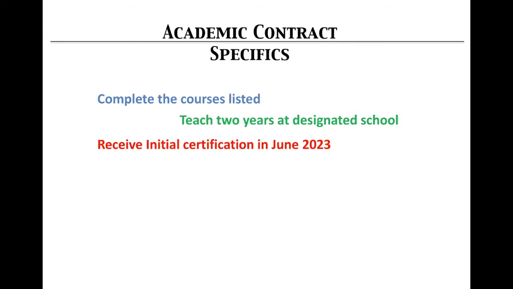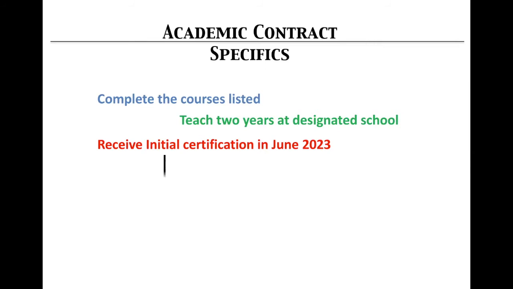And at the end of that time, which will be mid June 2023, you will receive what's known as initial certification. Now, people say, can I take more courses and be done in a year? No, you have to teach for 2 years in your content area. That's part of the internship requirement. You wouldn't want to do that anyway. That's too much work. And you take those courses as listed.